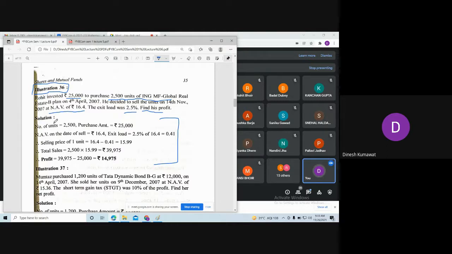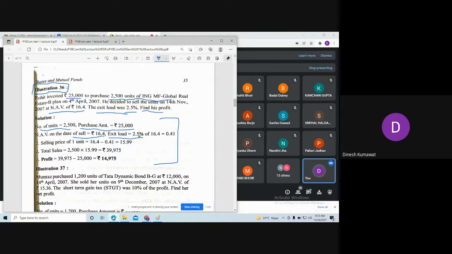Now you can see the number of units is known to us, the purchase amount, or you can say amount invested, is also known to us. Then the net asset value on sale is also known to us, which is nothing but 16.4. This is mentioned in our problem. And there is an exit load which is 2.5%. So first you find 2.5% on the net asset value of sales.